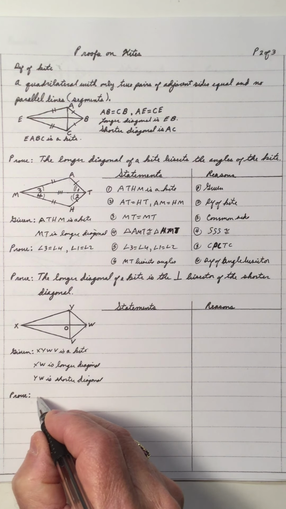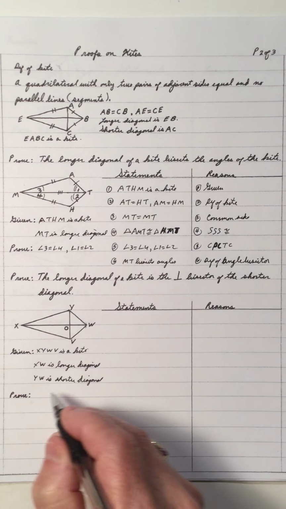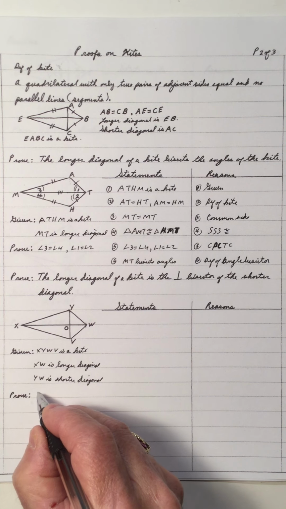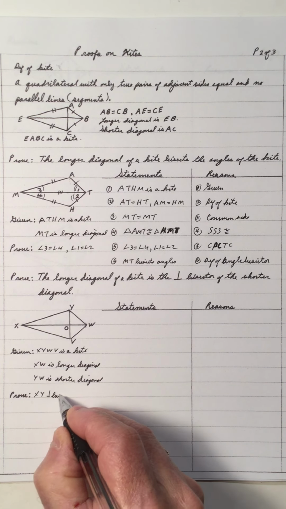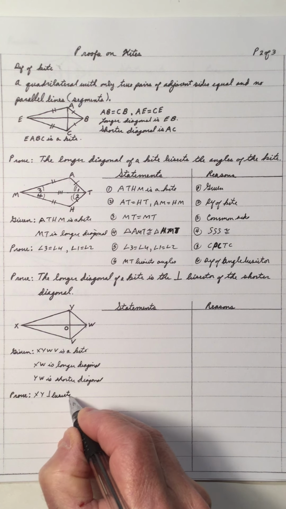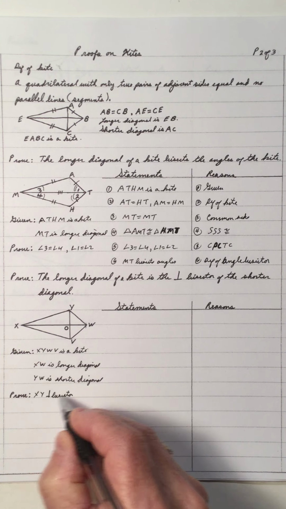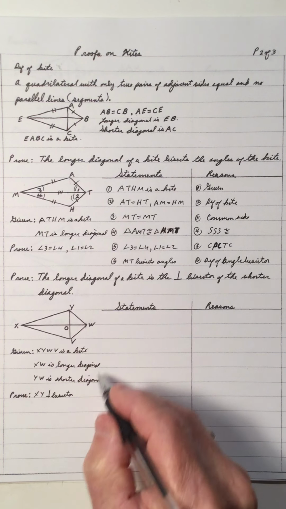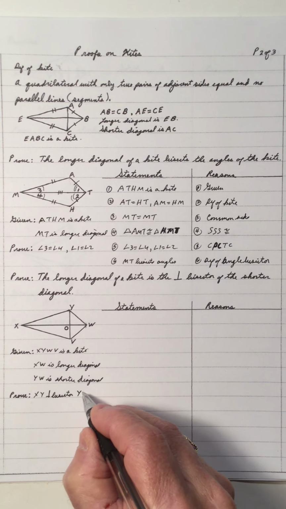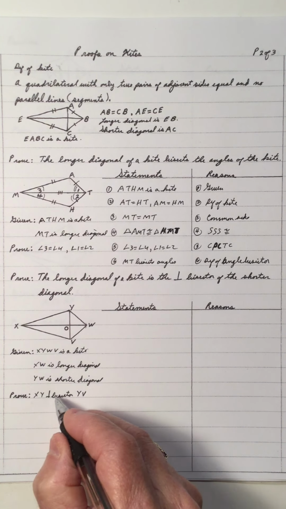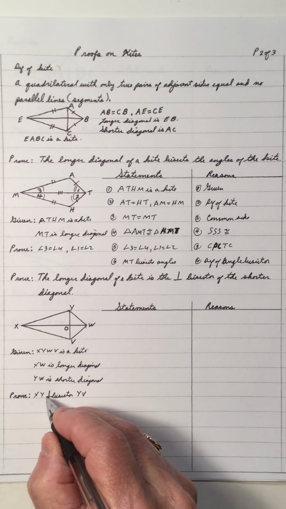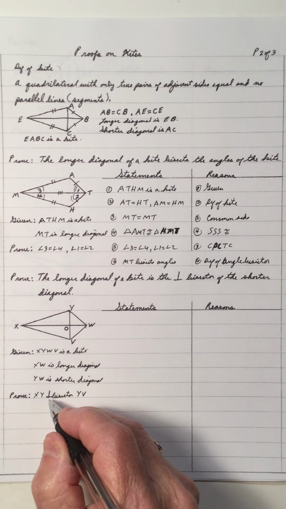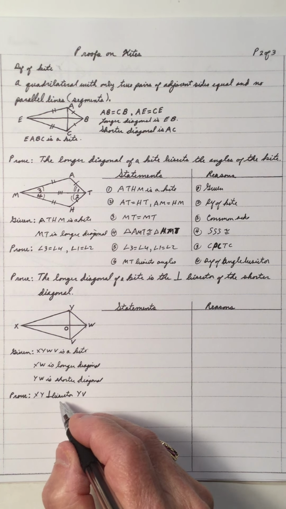And for that to be the case, we have to prove it's the perpendicular bisector. So we're going to prove that XW is the perpendicular bisector of the shorter diagonal, which is YV. And in order to prove the perpendicular bisector, we need to prove that it forms a right angle, and that it forms 2 equal parts.